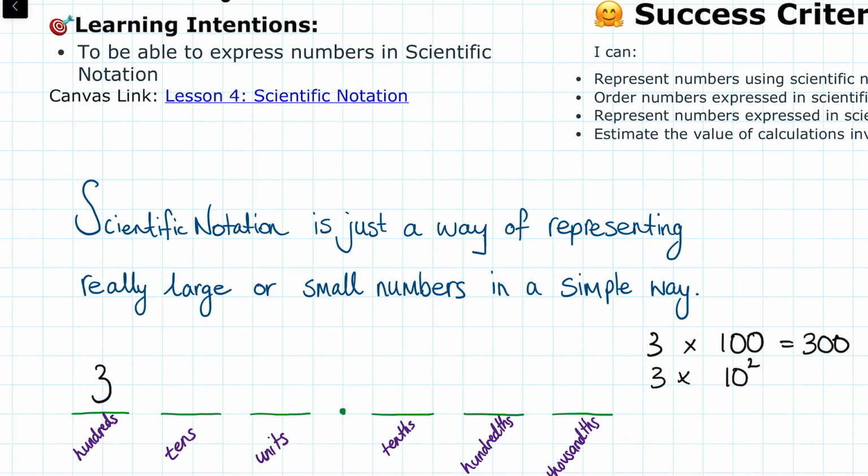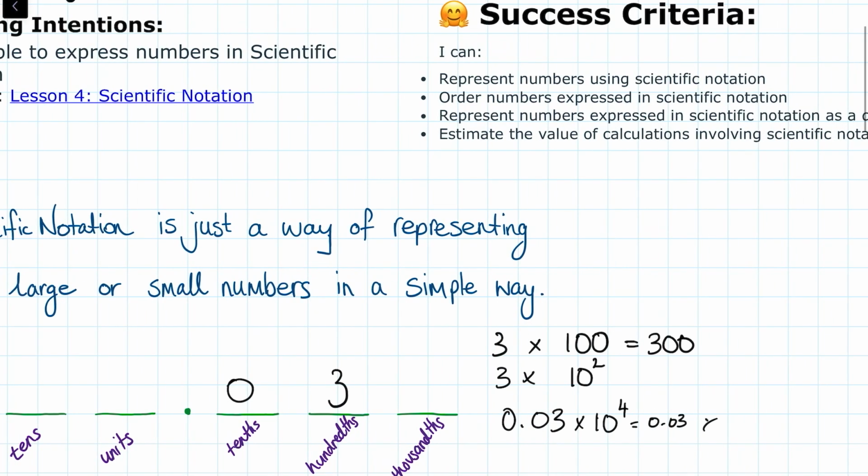If we were to do something like this, I'd have 0.03 times 10 to the power of 4, which is 0.03 times 10,000. You can see I've got 4 zeros there.